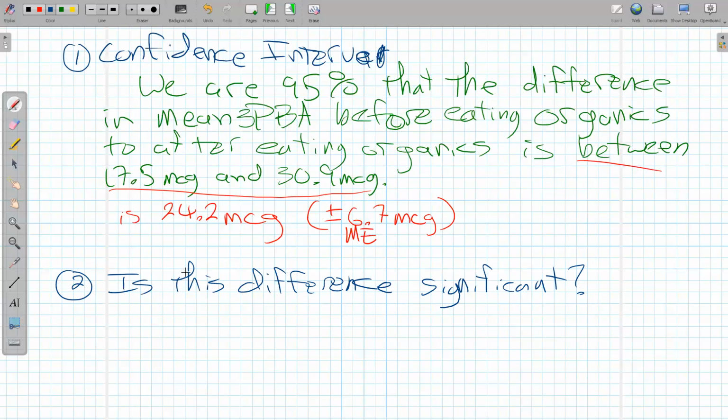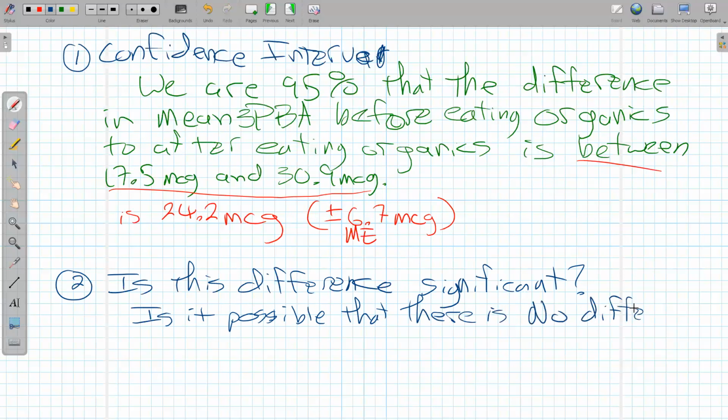Well, is it possible that there's no difference? Well, anything's possible, but is it likely here?